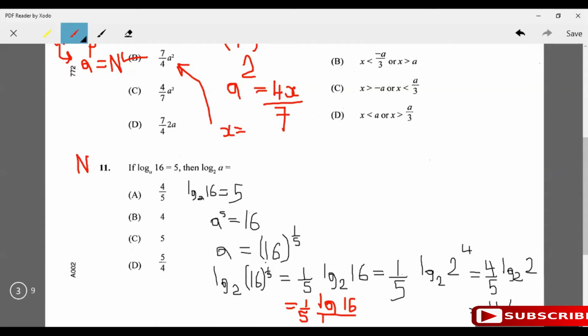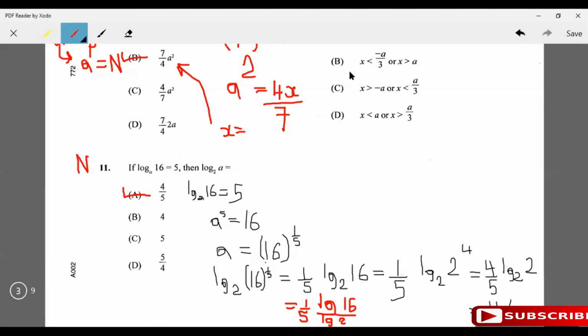When you change it to base 10, you can put it in your calculator. That's the good thing about base 10. So then you could put in your calculator log 16 over log 2. Put that in a calculator, and you're going to get 4, and then the 4 times 1/5 is still 4/5. So that's what you can do to solve that question.